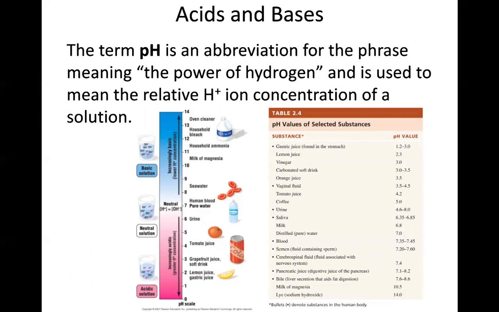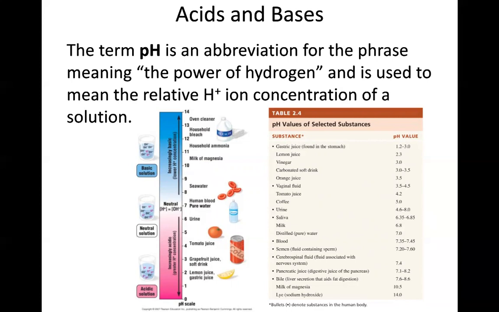The term pH, notice it's a lowercase p and a capital H, is an abbreviation for what we call power of hydrogen. It's used to mean the relative hydrogen ion concentration of a solution. It's talking about that ratio, if there's more hydrogen ions than hydroxides or vice versa, or if they're equal.